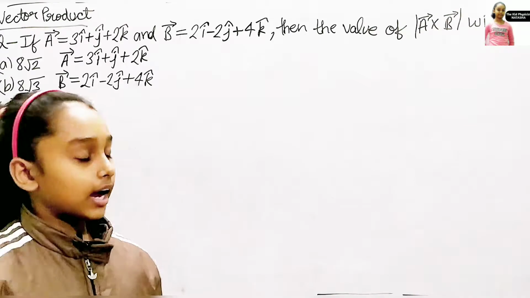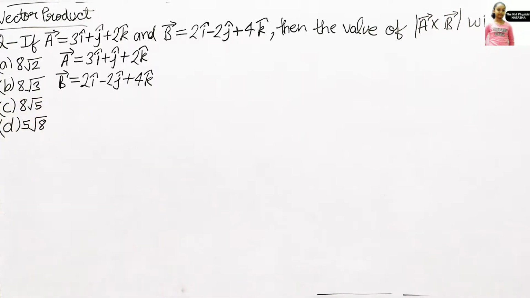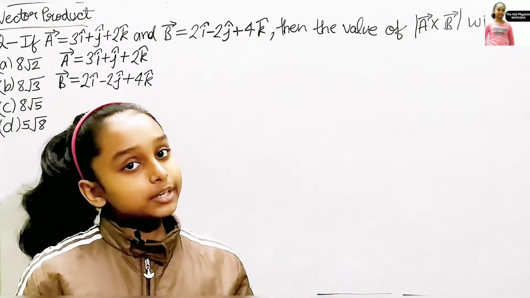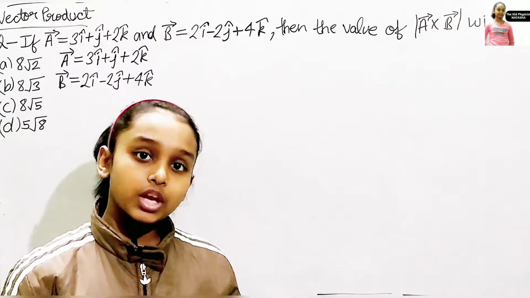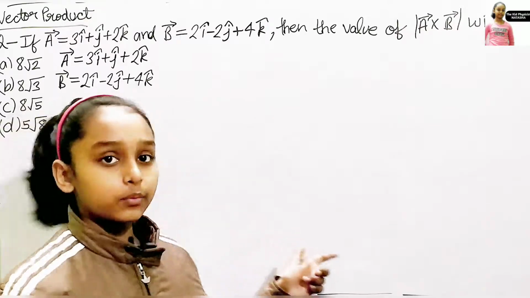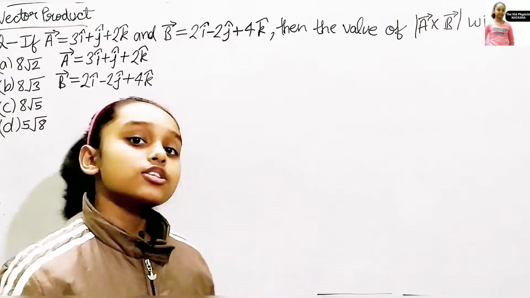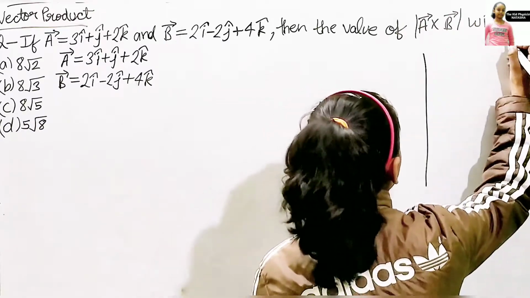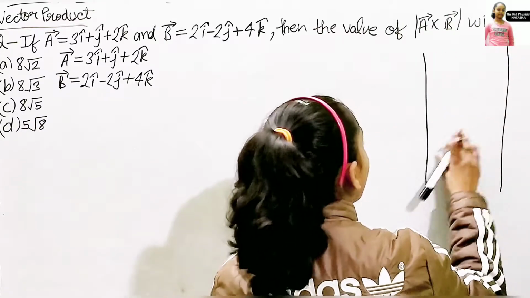Now we are going to solve this question through the determinant method that I told you in the previous video. That was the trick for finding the cross product of two vectors when they are in Cartesian form.